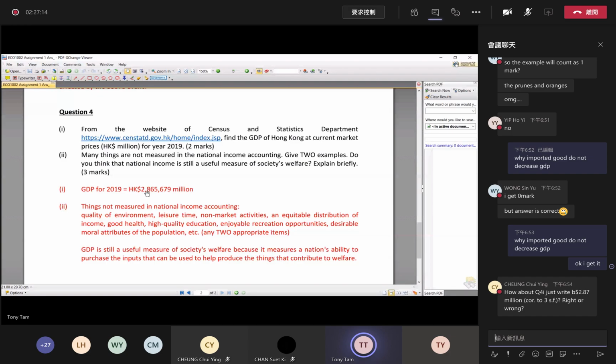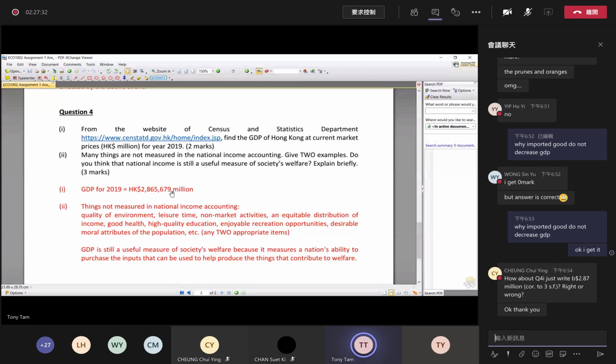It is far away from that answer. This is not 2 point something, not 2.8 million. That will be 2 million. Okay? So your answer is not correct. It is not the decimal point. Here will be no decimal point here. Okay? It is not the decimal point. Okay. Thank you.